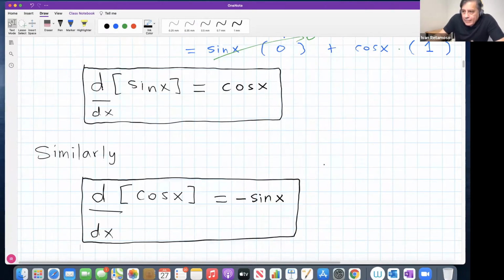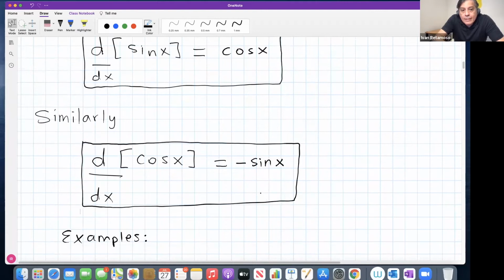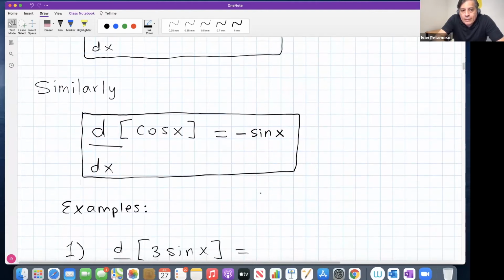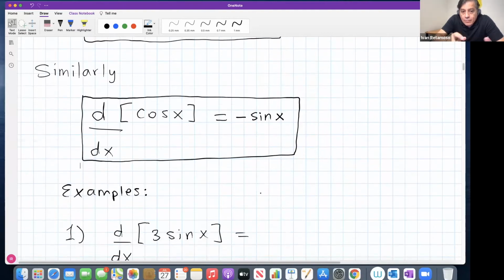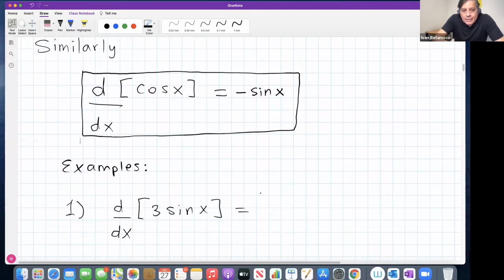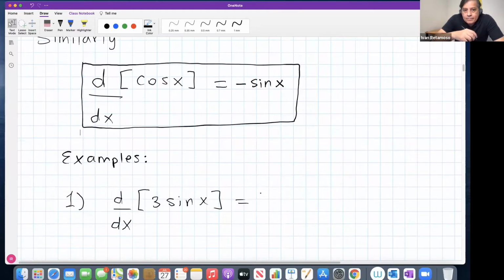So now I'm going to show you how, using these two facts, we can take the derivative of trigonometric expressions containing sine and cosine, or both at the same time. I will show you. Example 1. Suppose they ask you to take the derivative of this function, 3 times sine of x. Let's do it together.